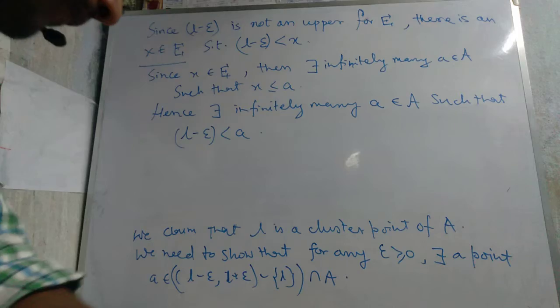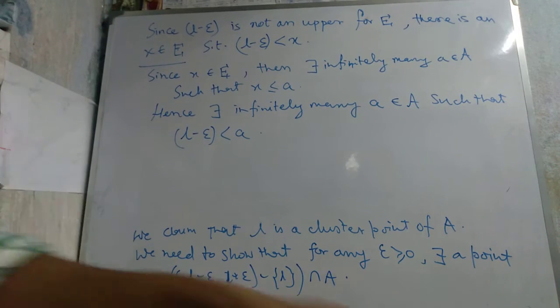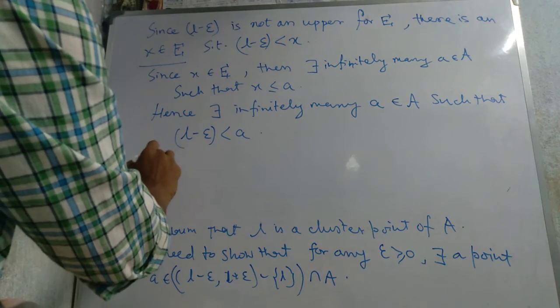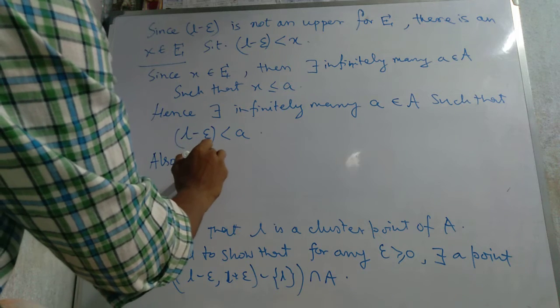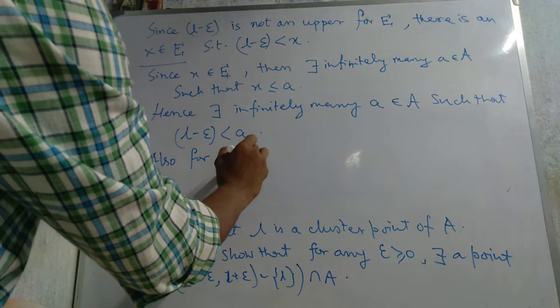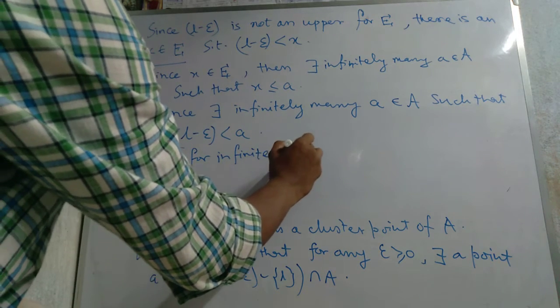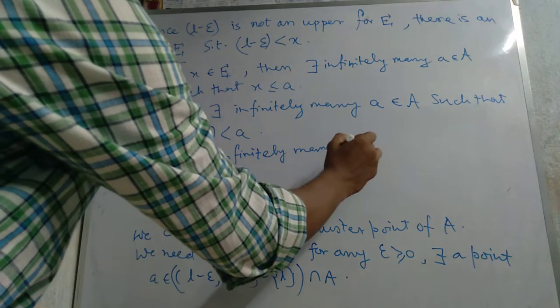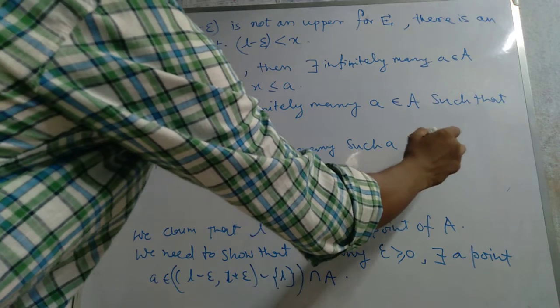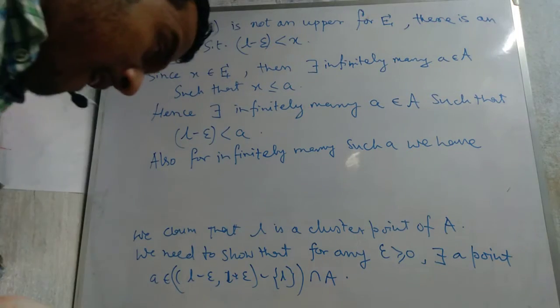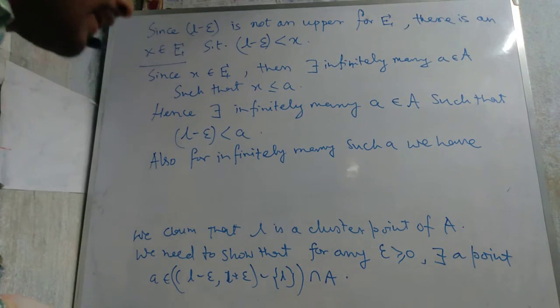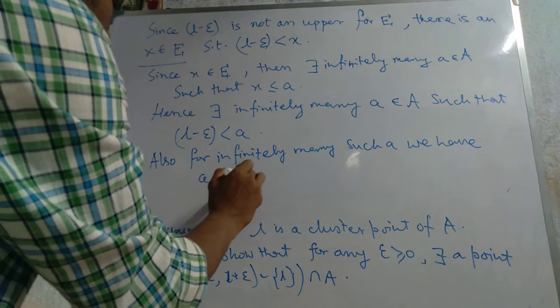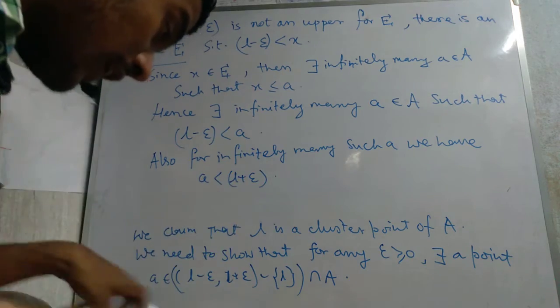Also, for infinitely many such a we have a < L + epsilon. Okay.